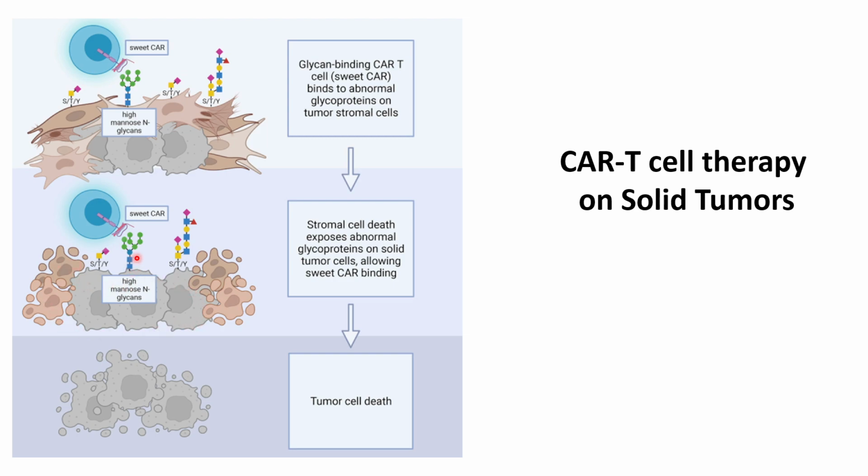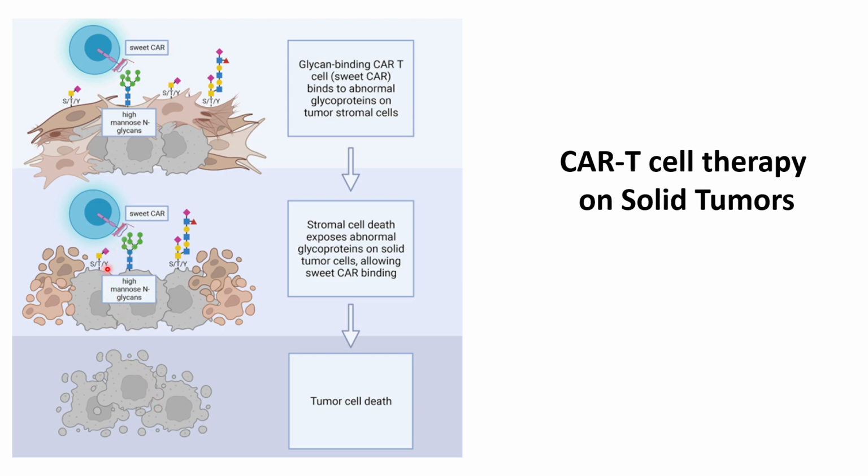So this idea can be expanded further so that these CAR T cells can be used to target abnormal antigens that are present on different kinds of cancers in order to treat those cancers.